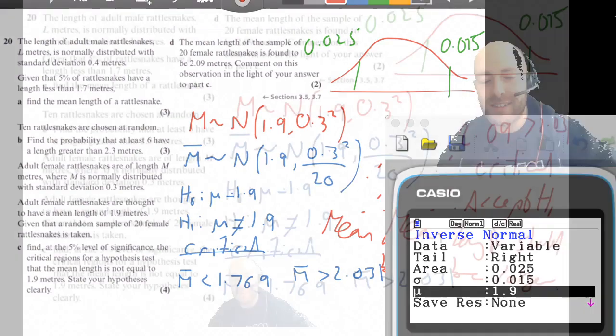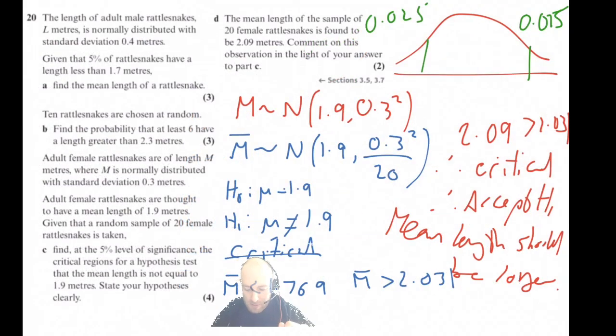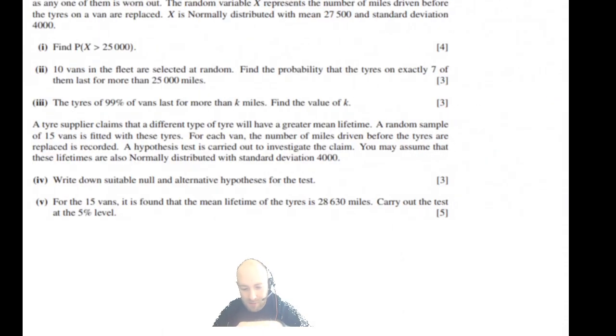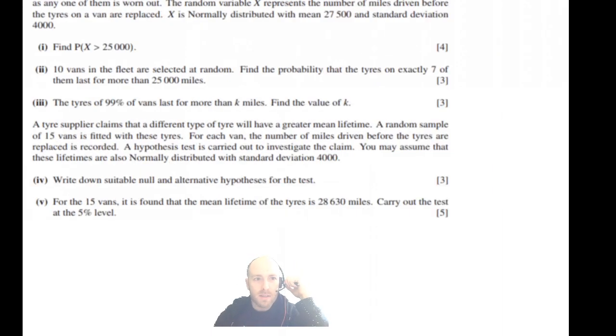Okay, let's get rid of this. How long we got? We got 25 minutes. Cool, it's loads of time. All right, we're going to do another hench question. We can do this one about cats, but I got loads here actually. I think this is the big one.